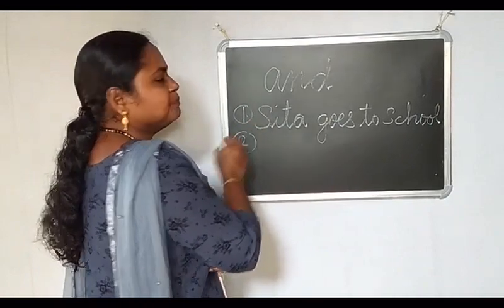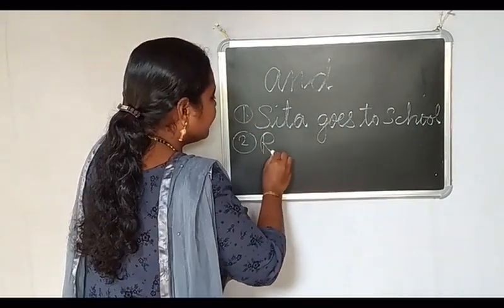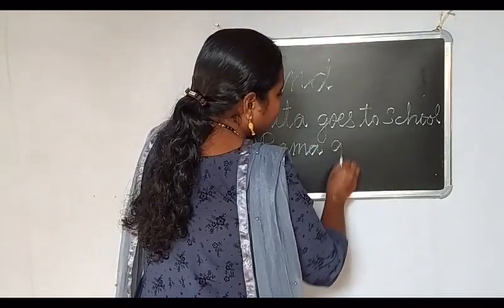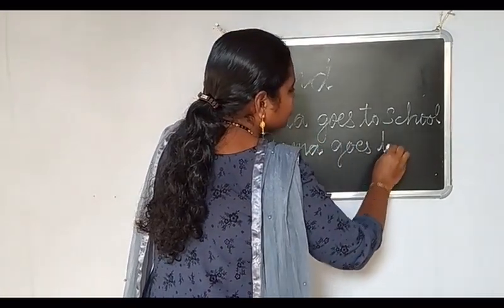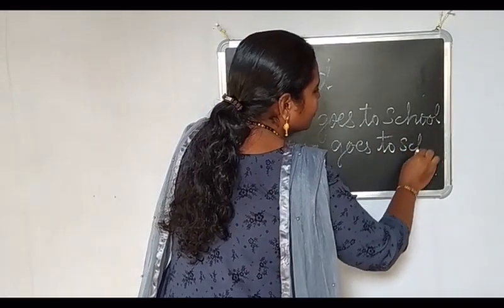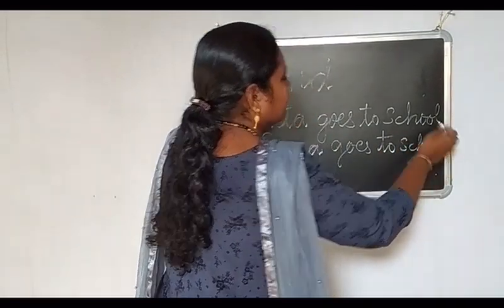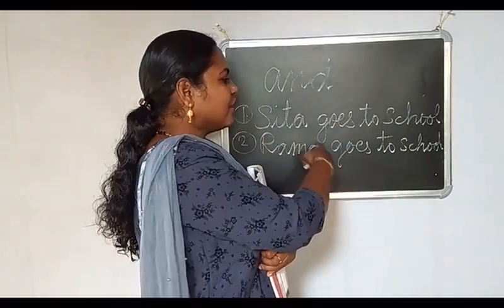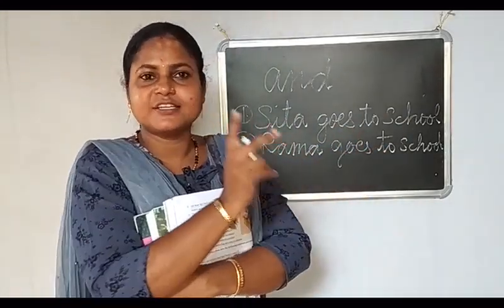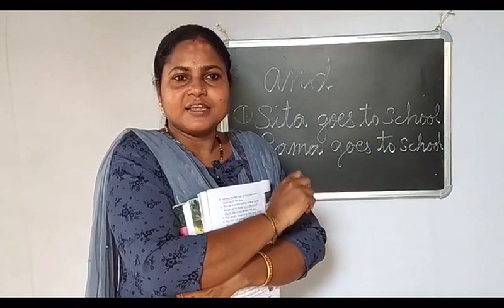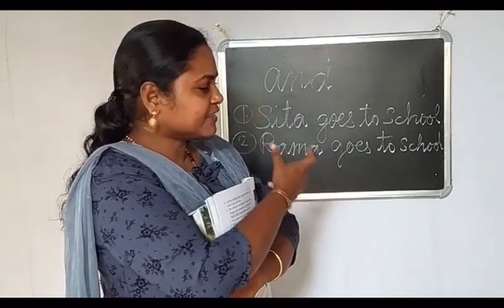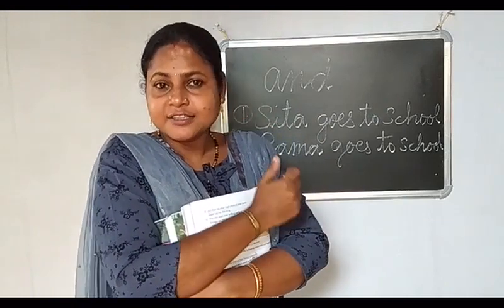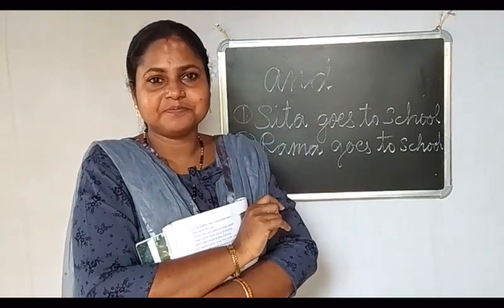And the second one, Rama goes to school. Sita goes to school and Rama goes to school. There are two sentences here. Then we can connect these two sentences together. How can we connect these two sentences together?